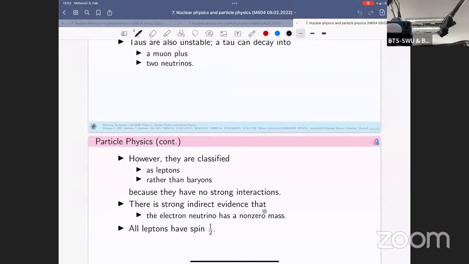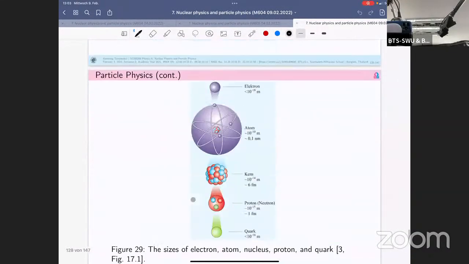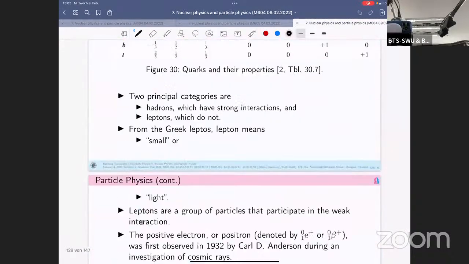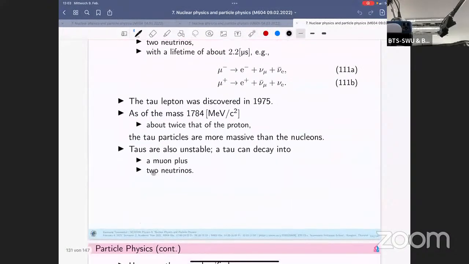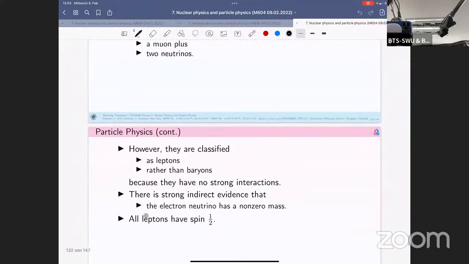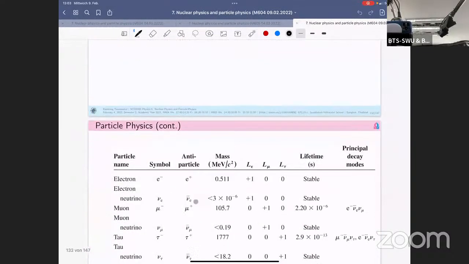There is strong indirect evidence that the electron neutrino has a non-zero mass. Let's talk about it: the neutrino doesn't have zero mass, even for the electron neutrino. It has some mass. All leptons have spin number 1/2. That's the main thing.